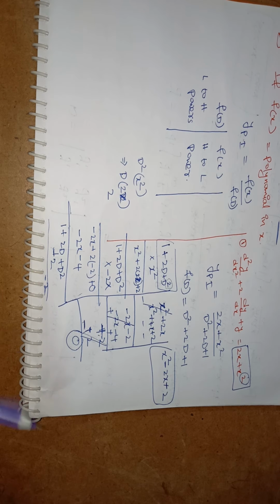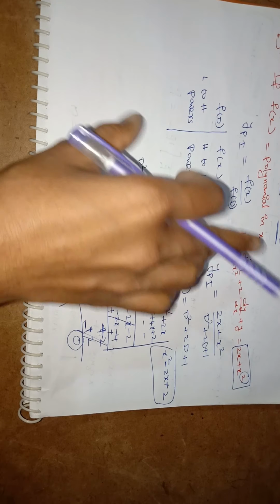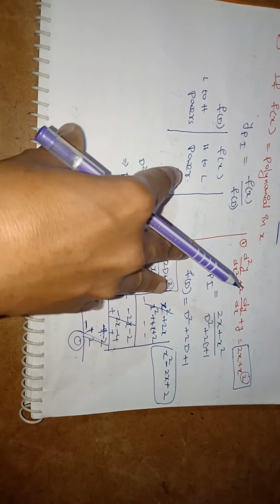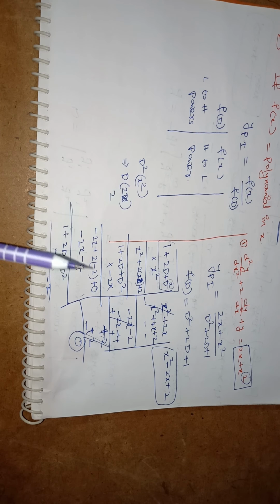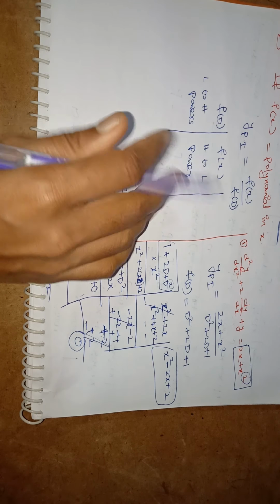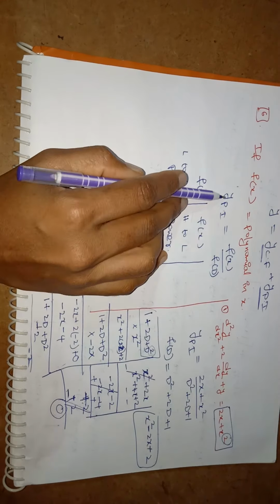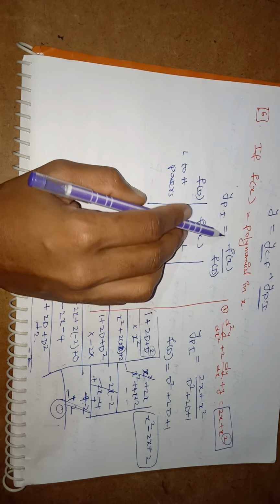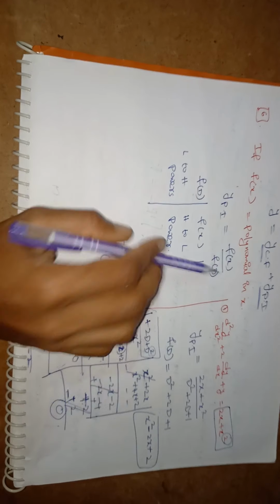For finding the solution for this type of problems, you have to use the binomial theorem. Without using the binomial theorem, I am giving a trick to solve this type of problems. So we have the particular integral equal to f of x by f of D.